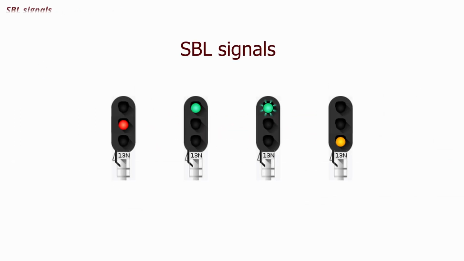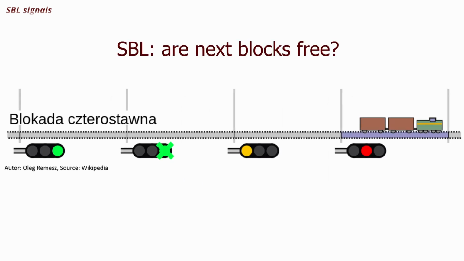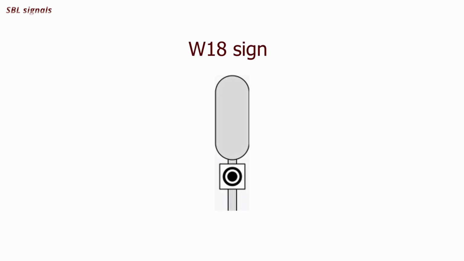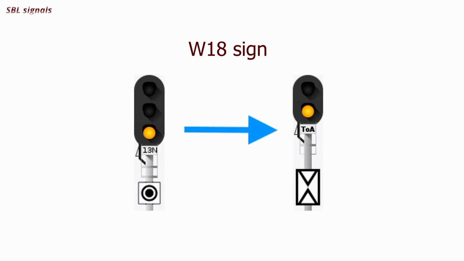The situation is slightly different in the linear blocks called SBL, which I will discuss in more detail in another video. In short, SBL semaphores inform about the occupancy of the section ahead of them, and not about speed limits. Apart from the last one with the W18 sign, which serves as a warning shield before the entrance semaphore.